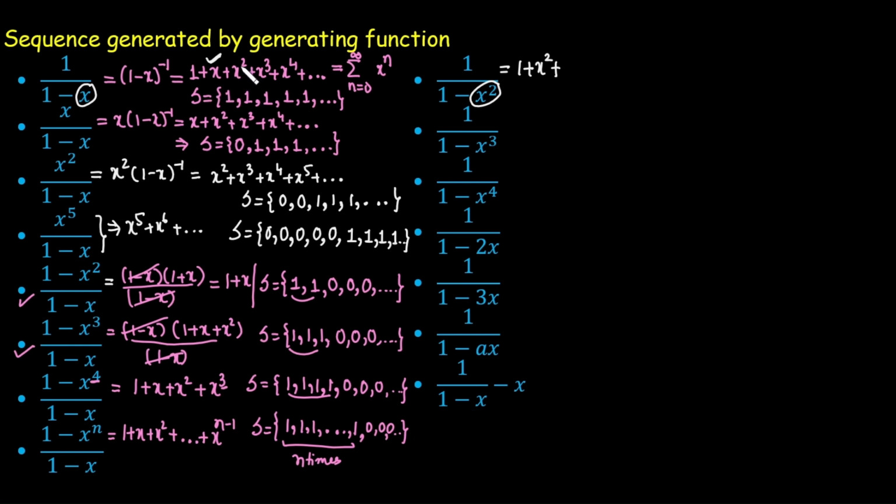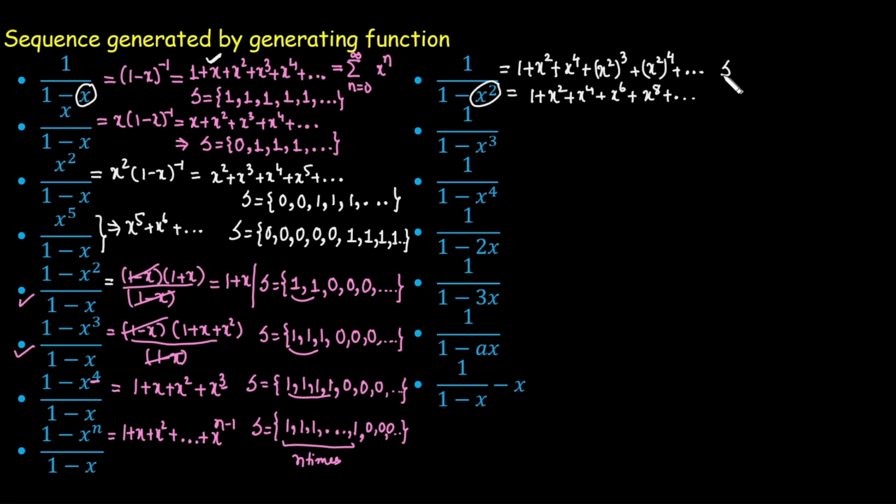Next term is x square whole square, that is x raised to power 4, plus then x square cube, then x square power 4, and continue this. This is equal to 1 plus x square plus x raised to power 4. This term is equal to x raised to power 6. Next is x raised to power 8. Now we have the pattern that powers are even.